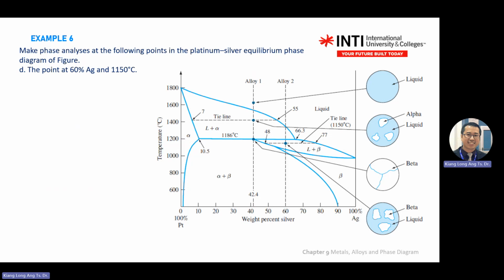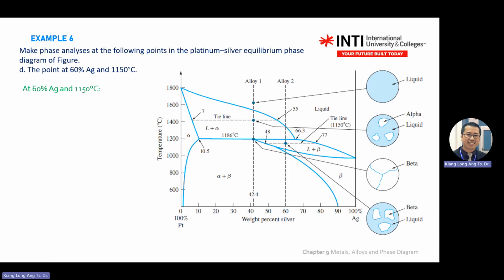So you draw a line at 60% and you get a tie line. Every time you see a tie line, extend down and write the percentage. Have that kind of habit, then it will help you to calculate the phases.